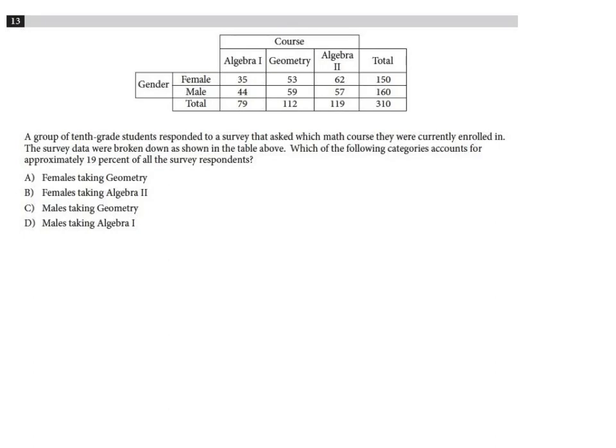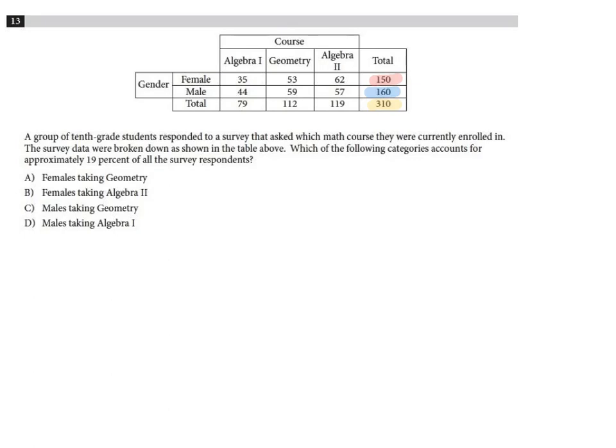Well, okay, let's see. How many survey respondents are there? Well, there are 150 female, there are 160 male, and there are 310 total respondents. So we should probably figure out what 19% of 310 is.